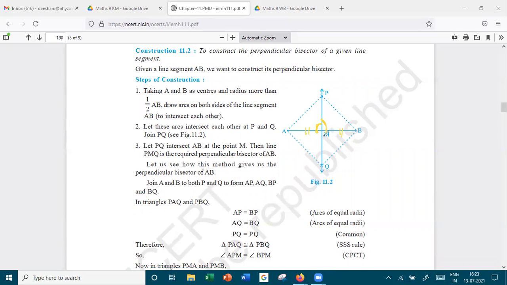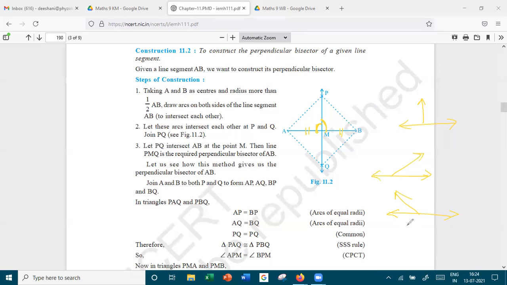So you get this, and from lines and angles we have learned that this becomes a what angle? What angle is this? Right angle. Okay. What angle is this then? Acute angle, or 60 degrees.